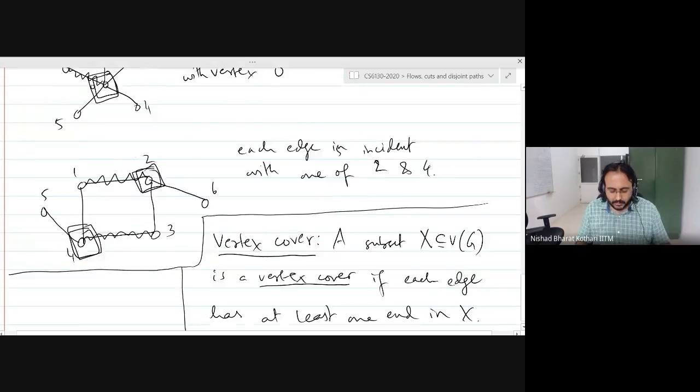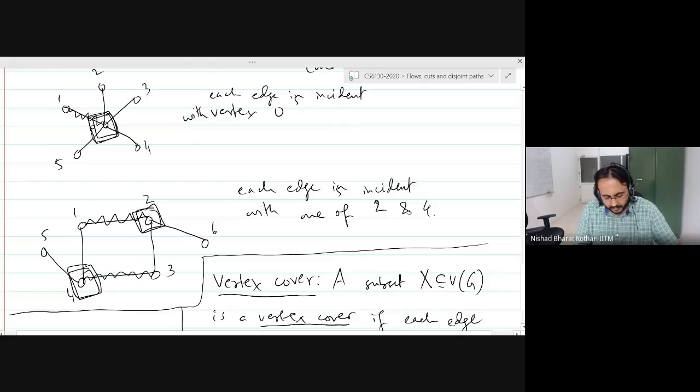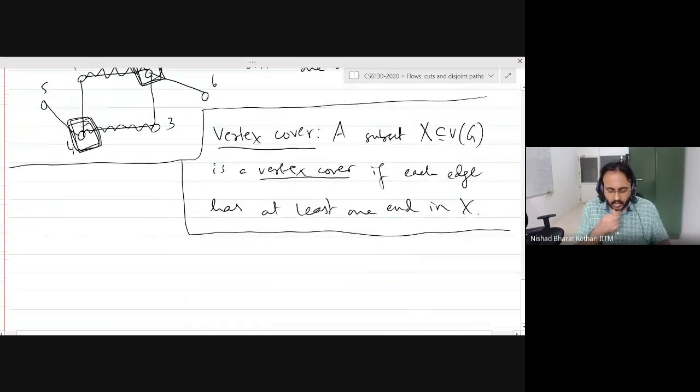And what you are giving me in these examples, here you gave me a vertex cover of size 1, here you gave me a vertex cover of size 2. And we are seeing that a matching cannot be bigger than a vertex cover.